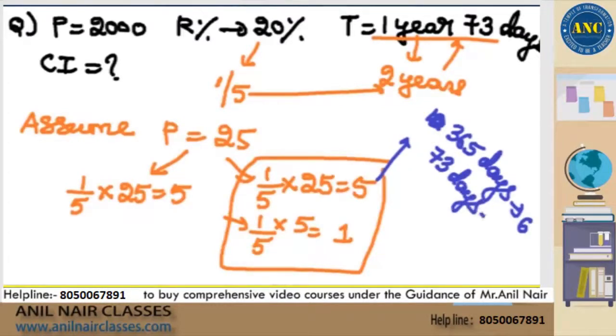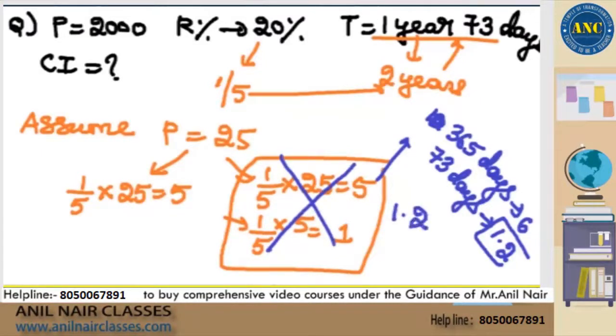So 73 by 365 is 1 by 5, and 6 by 5 is 1.2. This total 5 plus 1, 6, I got it for 365 days. But according to the question, I need it for 73 days. Remove these 5 plus 1, 6 and replace it with 1.2.